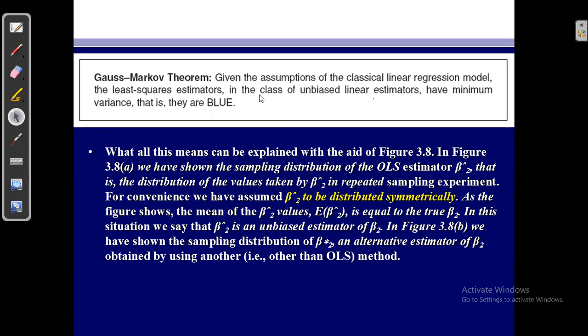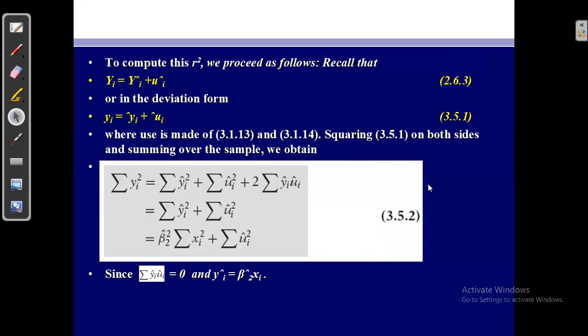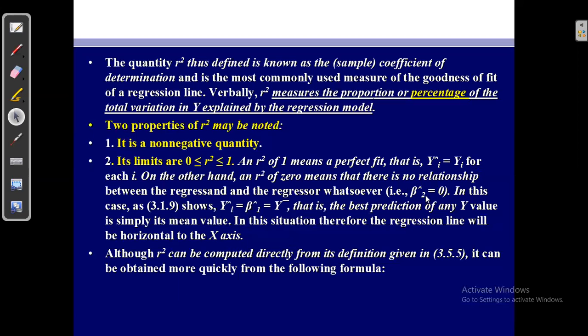So just as a matter of general knowledge, if you want to know why we go for the OLS method rather than other methods, then one of the reasons is this BLUE property, because the estimators obtained through this method would possess these three important properties: linearity property, unbiasedness property, and the minimum variance property. That's why we call them BLUE, best linear unbiased estimators. Okay, this was some of the discussion related with that.